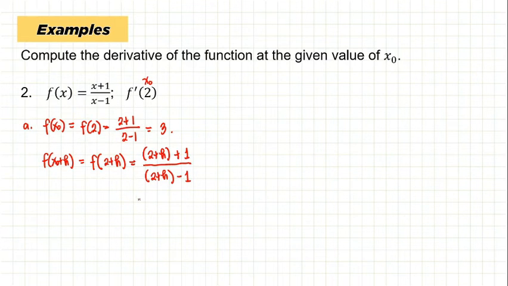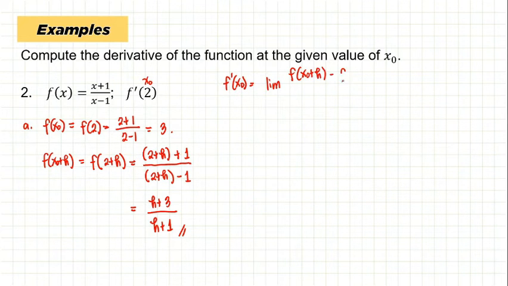So from that, simplifying, we will have 2 plus h plus 1 is just h plus 3, all over 2 plus h minus 1 is just h plus 1. So this is now our f of 2 plus h. Now applying the formula, f prime of x sub o equal to the limit of f of x sub o plus h minus f of x sub o all over h as h approaches 0.